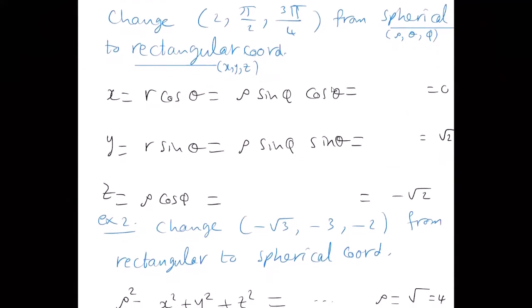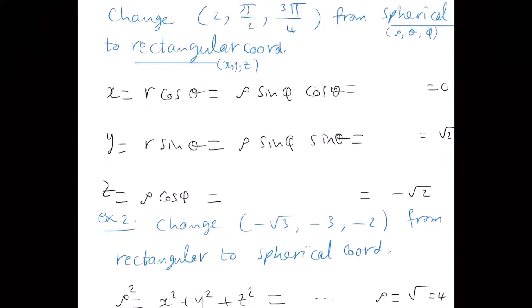We can remind ourselves of them easily. As usual, from polar and cylindrical, x equals r cosine theta, y equals r sine theta, and then substitute for this r by rho sine phi. That's it.